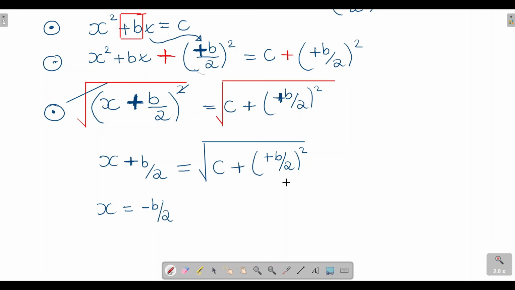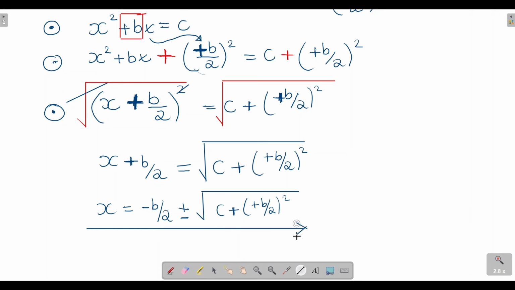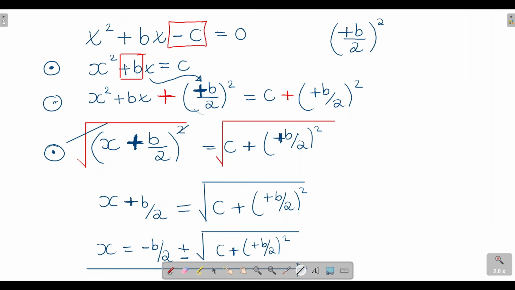Because you are square rooting that, it's plus or minus the square root of c plus positive b over 2 all squared. Okay, so that's basically what we are dealing with.